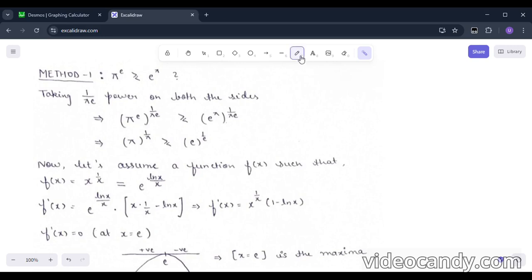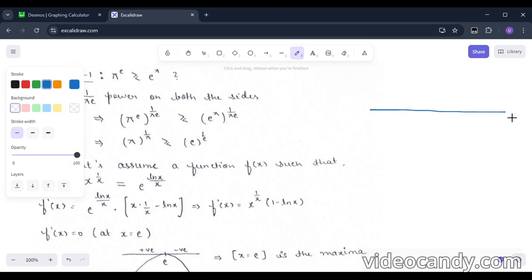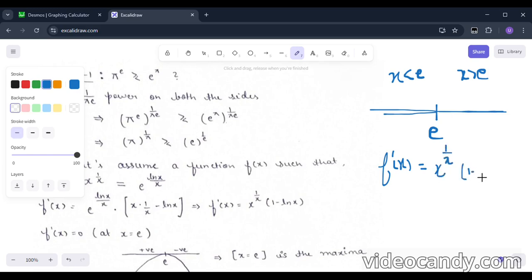So for that we will need the help of the sine curve or the wavy curve method. So suppose this is a number line and this is e, and to the right hand side of e, which is basically the x greater than e region, and to the left hand side of e, it is the x less than e region. Now f dash x is x raised to power 1 by x into 1 minus ln x.